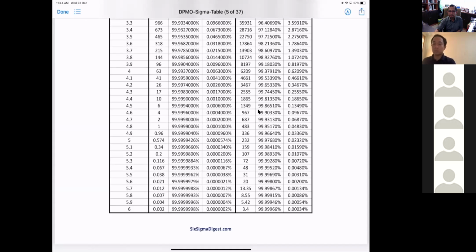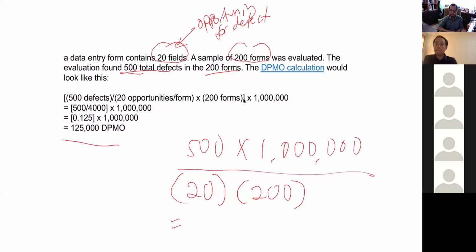So when the DPMO is smaller, it is better. So how to make it small? Reduce the defect. And then what else? Increase the number of opportunities. It means we reduce the defect, but at the meantime, we are more stringent.